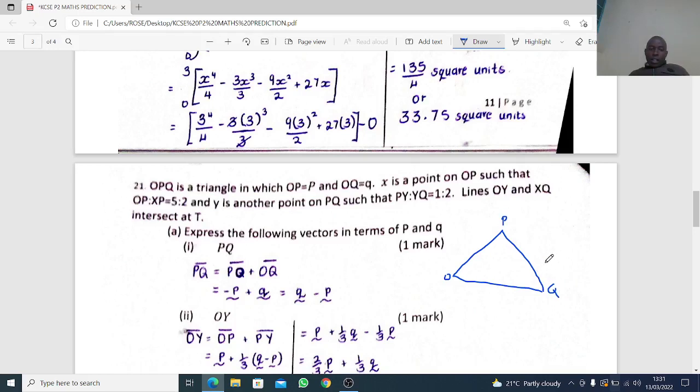Then we are told that OP is vector p, and OQ is vector q.